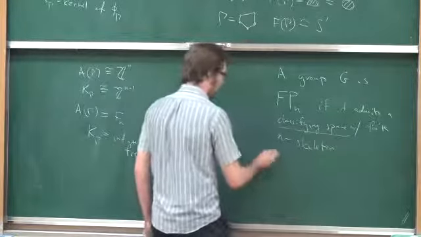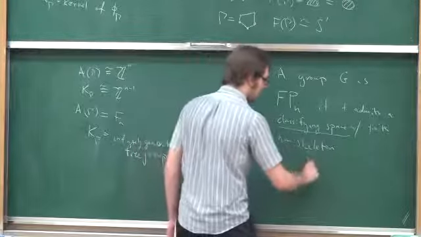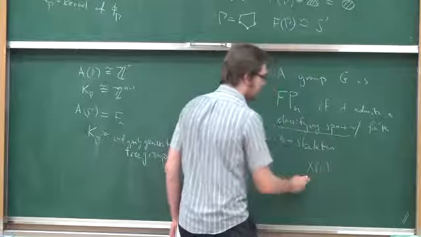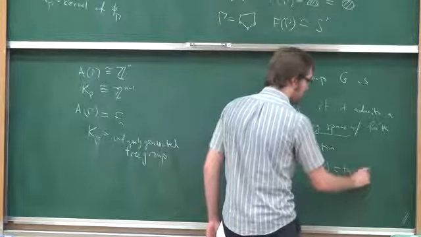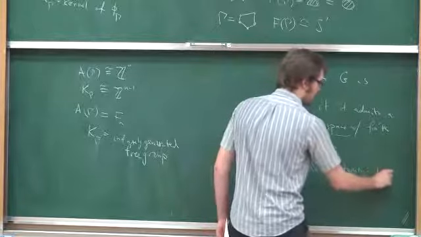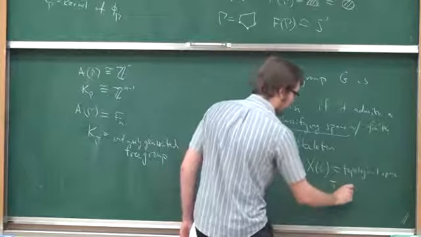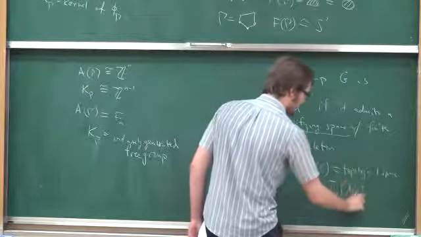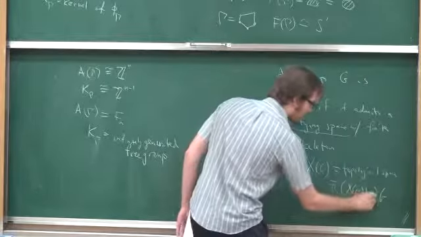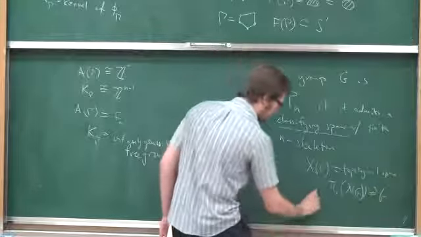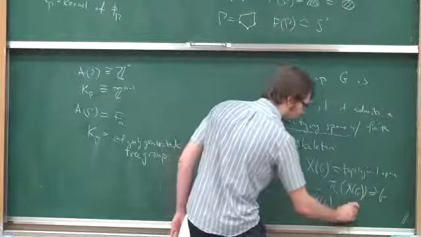If you have a group G, which is finitely generated, then X of G is a topological space with pi 1 of X being G, and the universal cover is contractible.